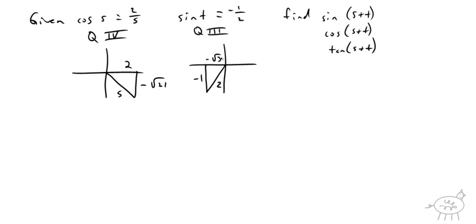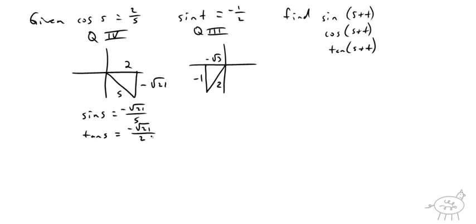All right, so we've got cosine of S, so we're going to do sine of S, which is equal to negative root 21 over 5. And tangent of S is equal to negative root 21 over 2.